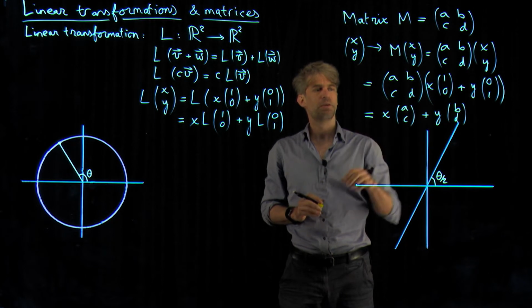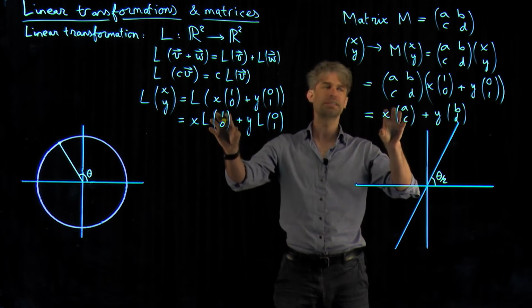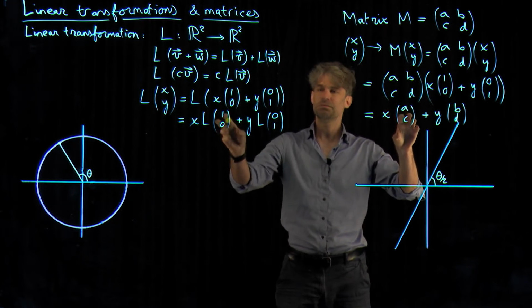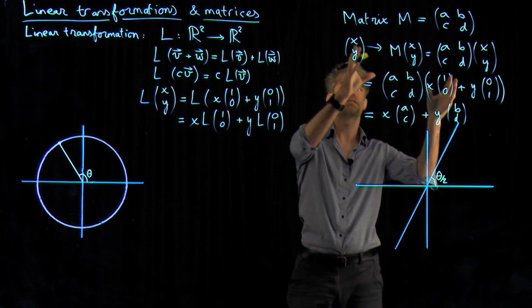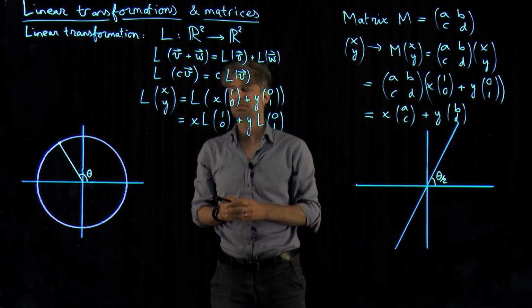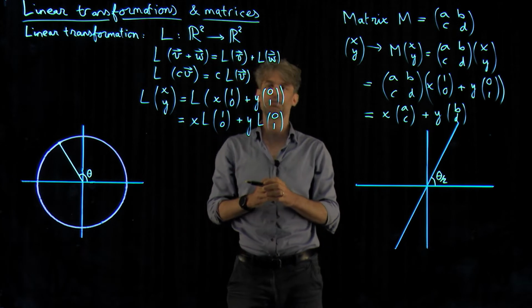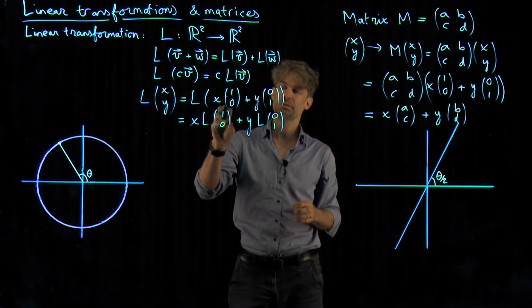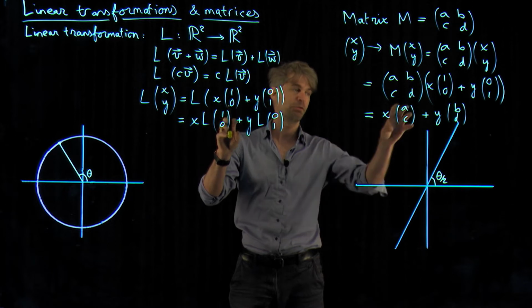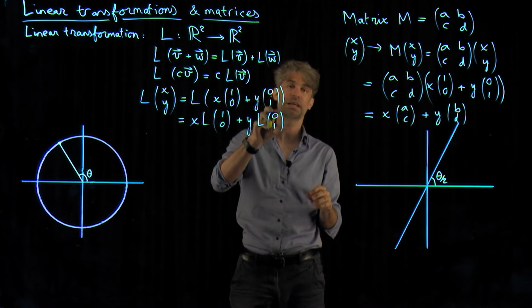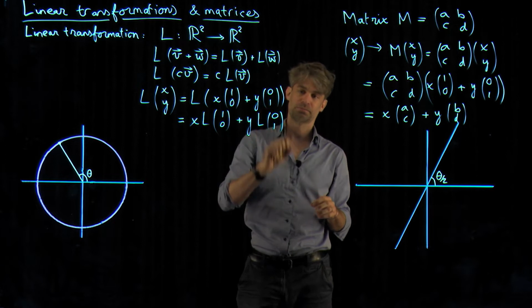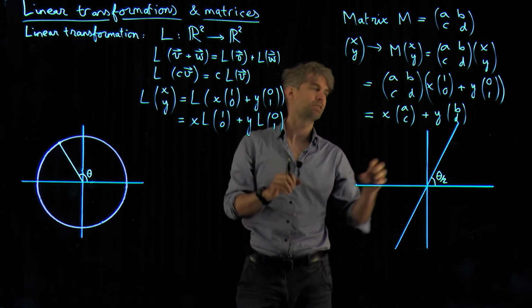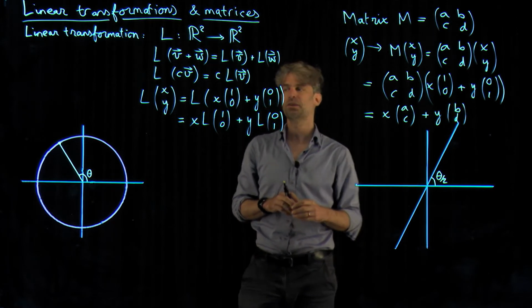And if you compare these two, then if I want to make a matrix that fits with a linear transformation, I just need to know what the linear transformation does with the first basis vector. That will be my first column, and what it does with the second unit vector, the second basis vector, will be the second column.